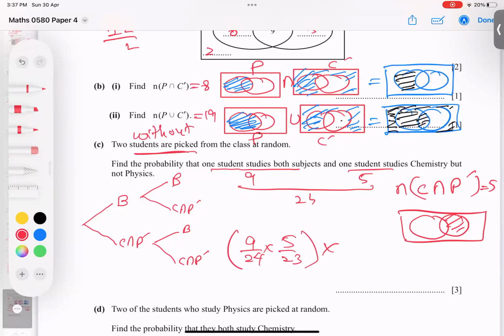So multiply this branch and this branch, and times 2. I'm going to type in the calculator 9 divided by 24 times 5 divided by 23, and times 2. My answer finally is 15 out of 92.